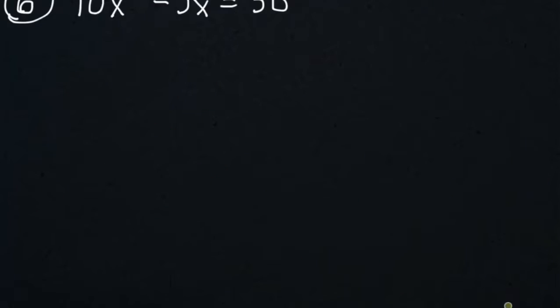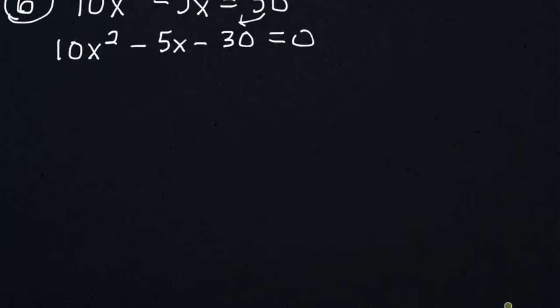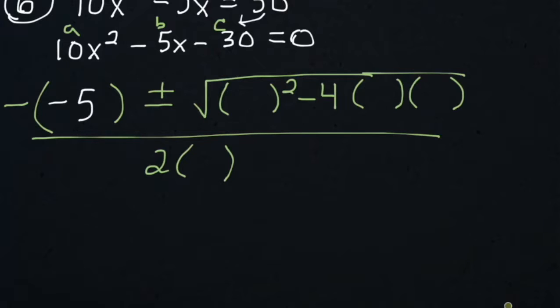Number 6. The first thing I notice is that it is not equal to 0. So I need to move that 30 over to the other side. So my equation is 10x squared minus 5x minus 30 equals 0. Now it's equal to 0. I can label A, B, and C. Write out the equation. B is negative 5.